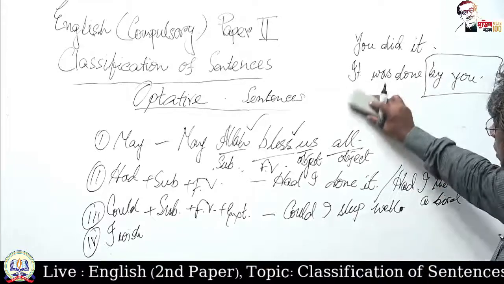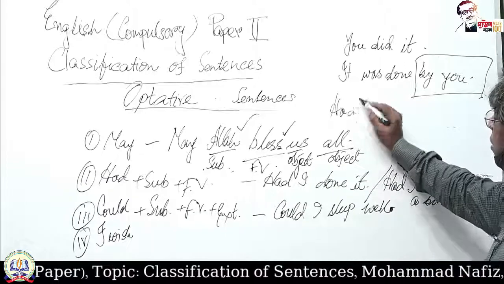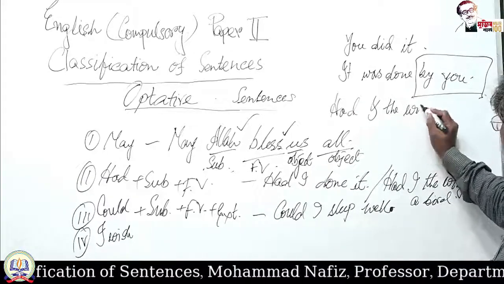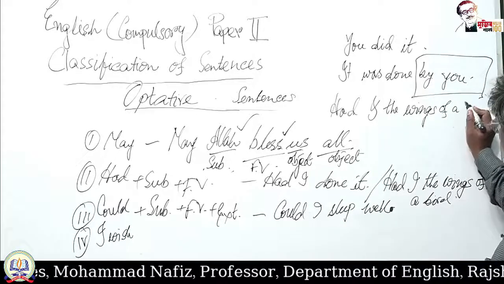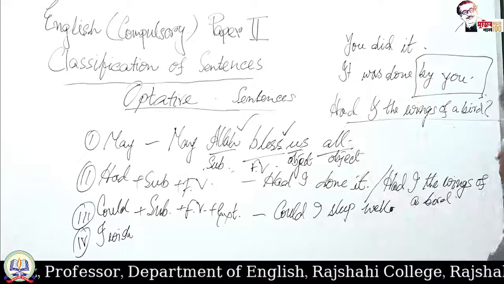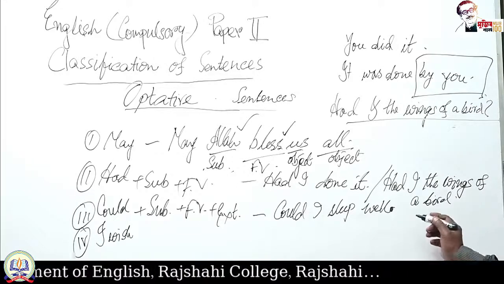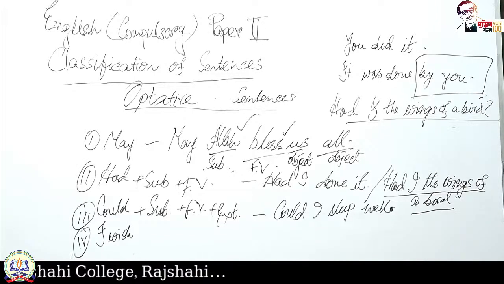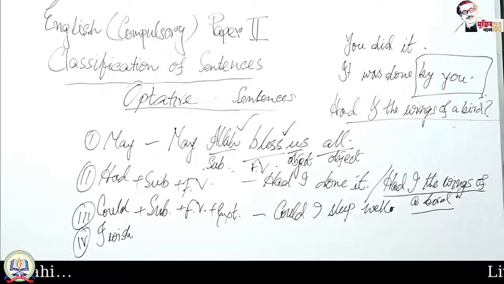For example, 'Had I the wings of a bird?' ending with a note of interrogation is an interrogative sentence. But the same sentence, 'Had I the wings of a bird', when it ends with a full stop, is an optative sentence.